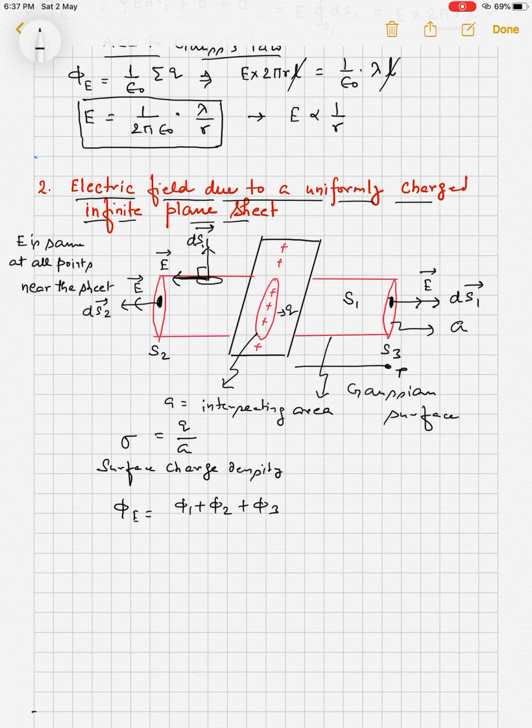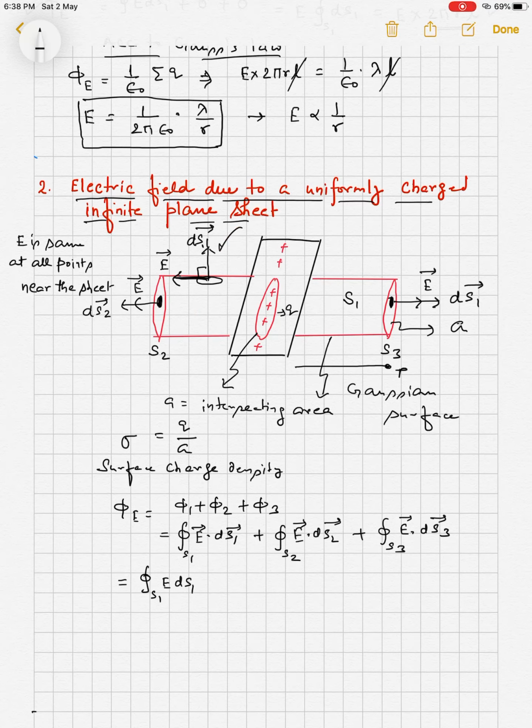Now writing the formula in integration form, it is the integral of E dot ds1 over the surface S1, then E dot ds2 over the surface S2 plus the integral of E dot ds3 over the surface S3. Now A dot B is AB cos theta. So writing in this form, we have the integral over S1 of E ds1.